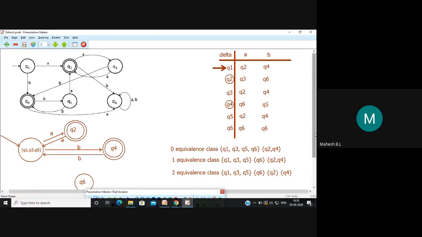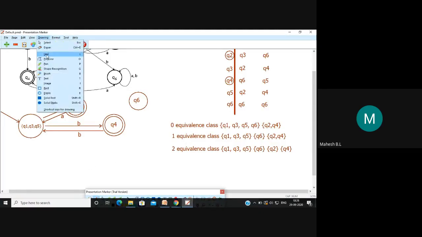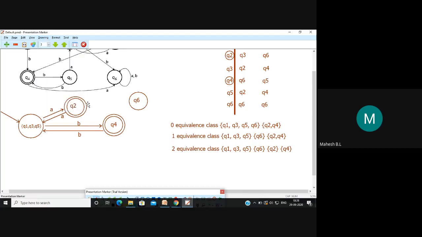Let me draw Q6 somewhere here. So this is Q6. So you have transition from both Q2 and Q4. There is a transition from Q2 and Q4 to Q6.